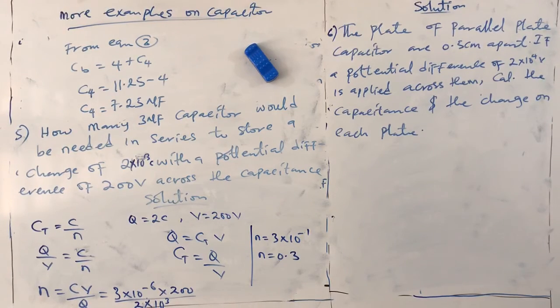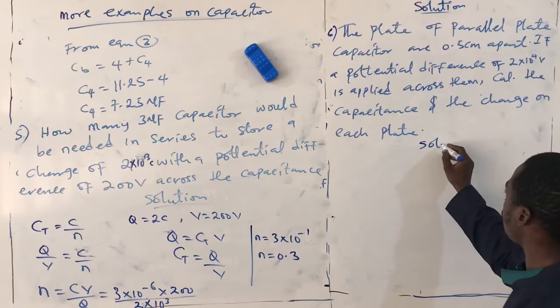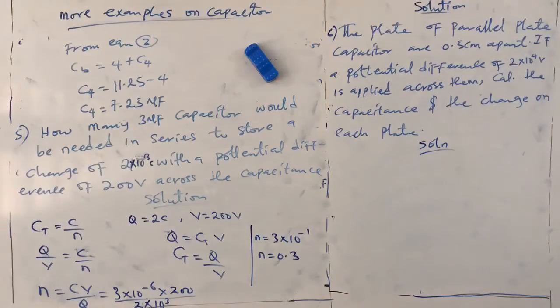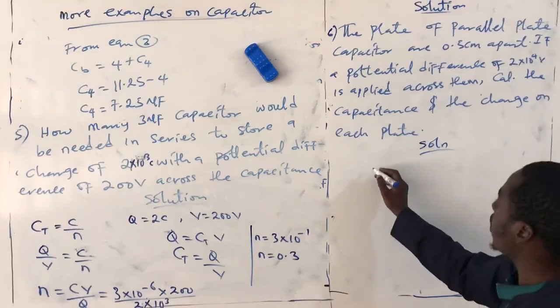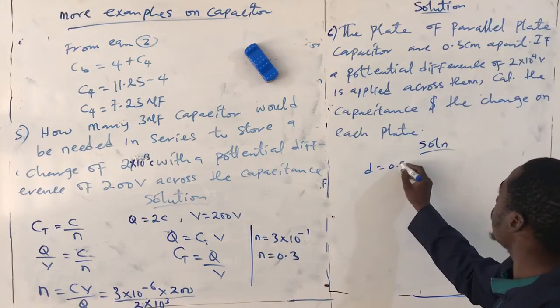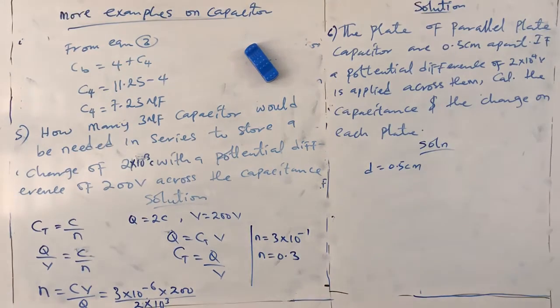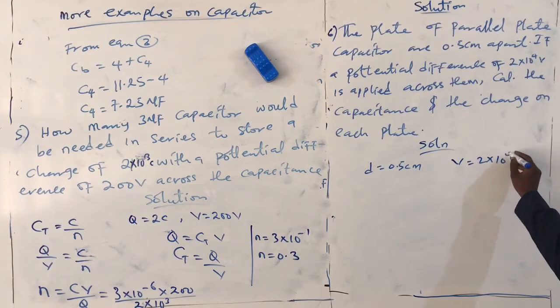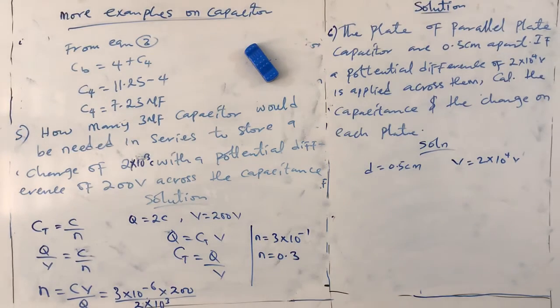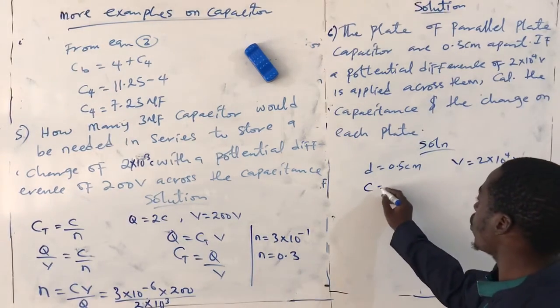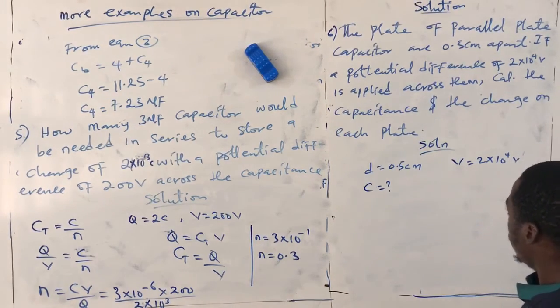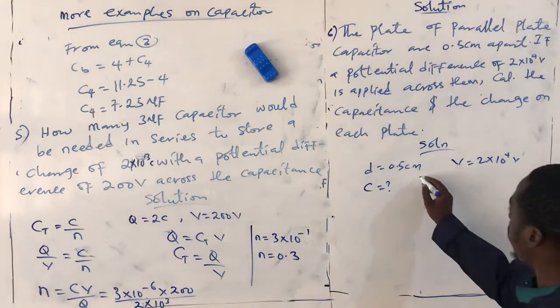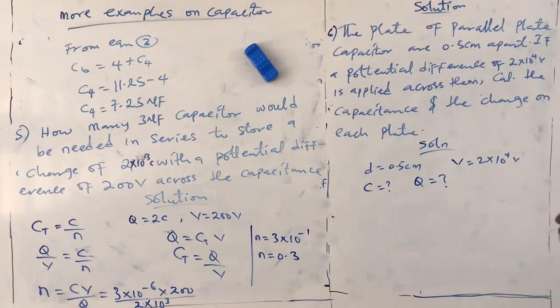So now the third solution: a parallel plate capacitor of distance 0.5 centimeter apart. If a potential difference of 2 times 10 raised to power 4 volts is applied across them, then we are asked to calculate the capacitance and the charge on each plate.